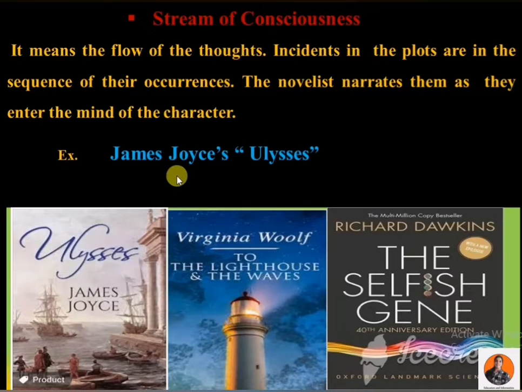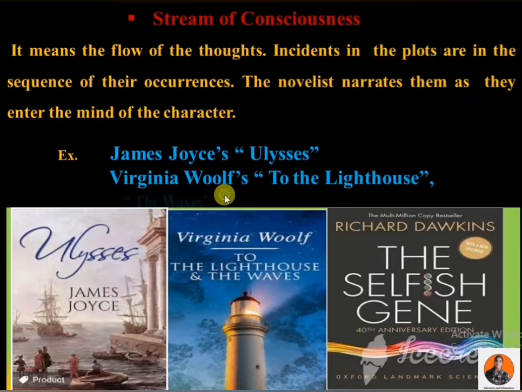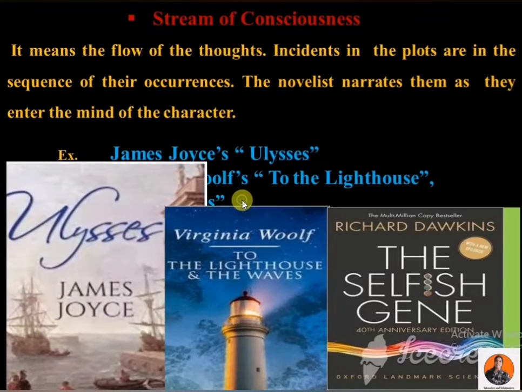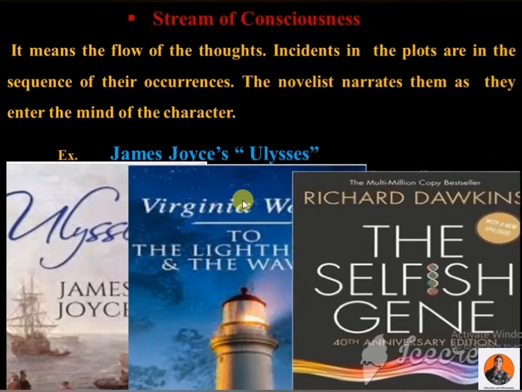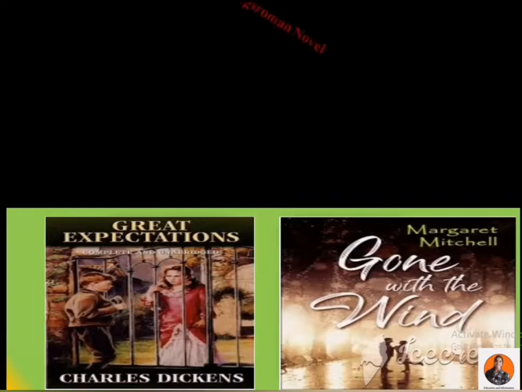For example, James Joyce's Ulysses, Virginia Woolf's To the Lighthouse and The Waves. These are stream of consciousness novels, and it is a very famous technique nowadays which is used in novels and also in serials and films.